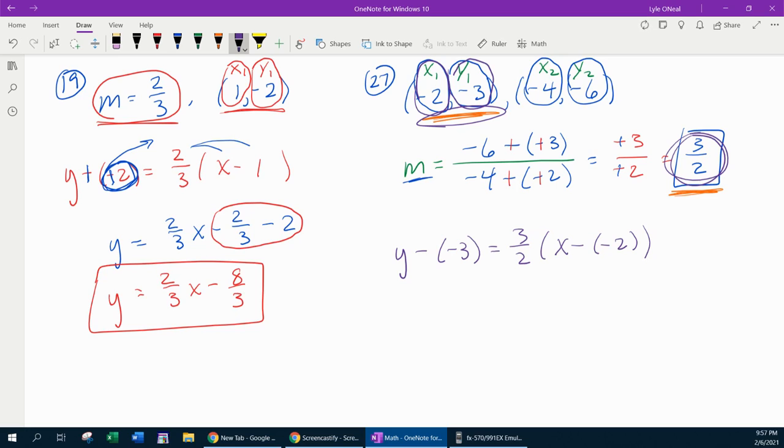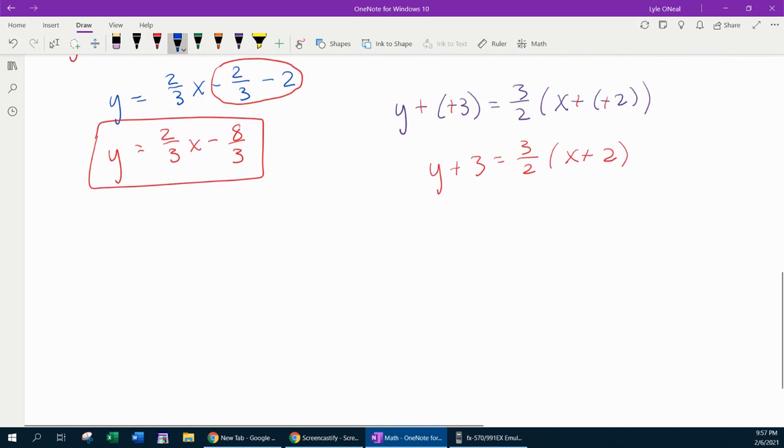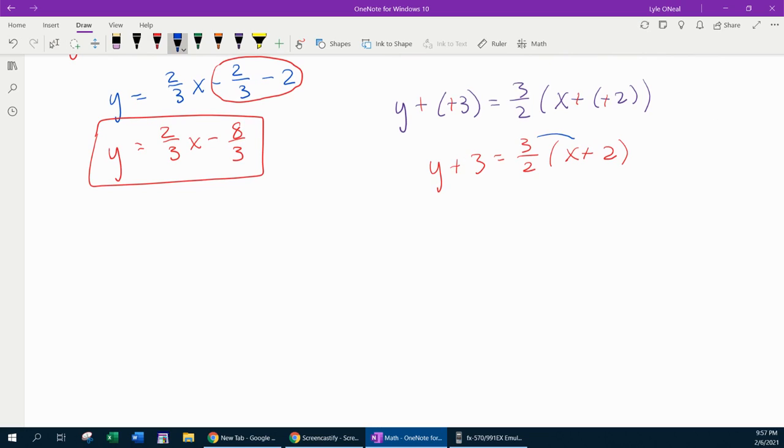And then simplify. Again, two negatives make a plus. That's going to be y plus 3 equals 3 halves (x plus 2). And then to simplify that further, we're going to need to distribute the 3 halves, bring the 3 over so that we can get into slope-intercept form.